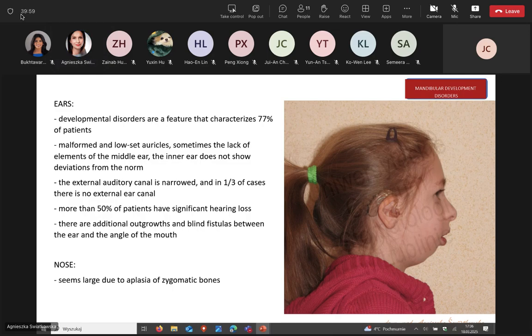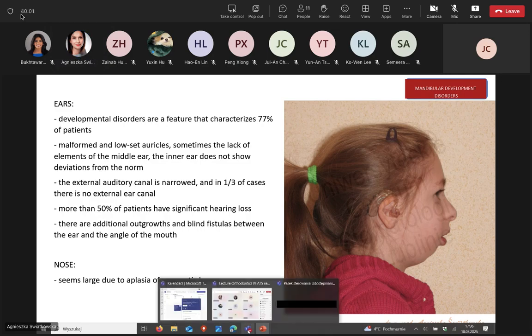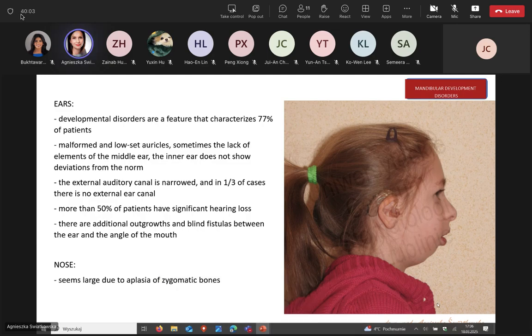Ears. Developmental disorders are a feature that is characteristic in 77% of these patients. Malformed and low-set auricles, sometimes the lack of elements of the middle ear. The inner ear doesn't show deviation from the norm.